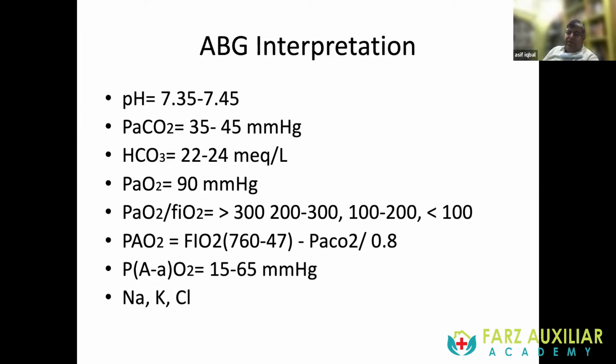And the A-a gradient. There are certain gaps you have to understand, the PaO2 gap, and also the EtCO2 gap. We will discuss later on. And your ABG machine supplies certain electrolytes like sodium, potassium, chloride, and sometimes calcium. This is the basic thing to calculate the anion gap.